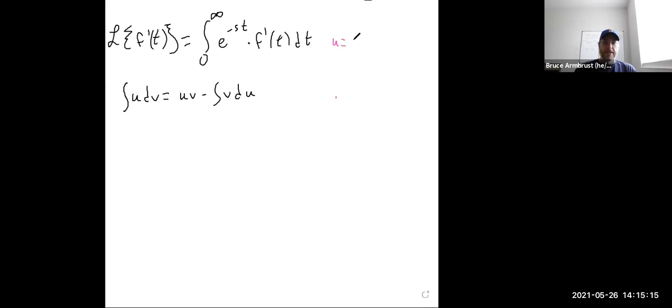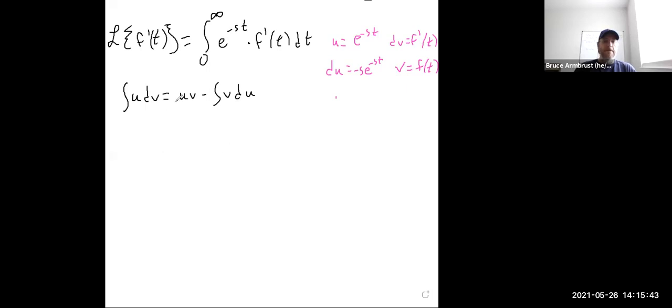So u is going to equal e to the minus st. So then dv is f prime. Okay, so then du is going to be minus s e to the minus st. And v is going to be f of t, because the integral of the derivative is the function itself.